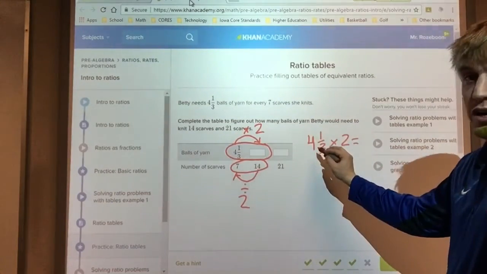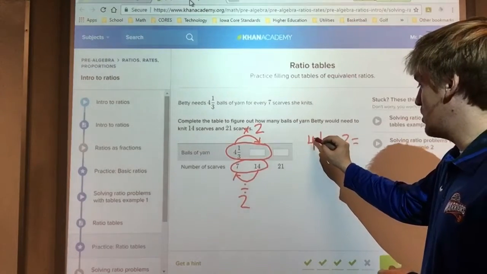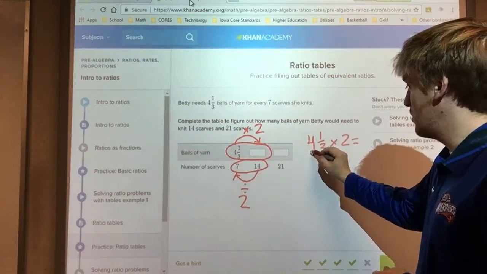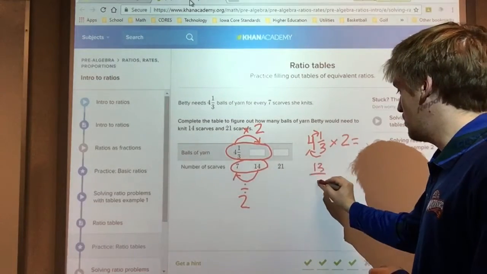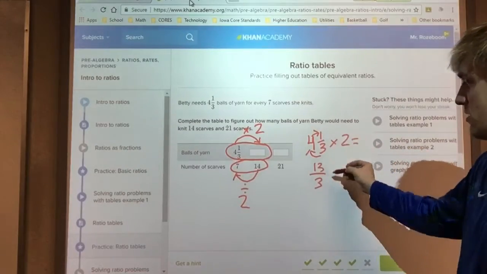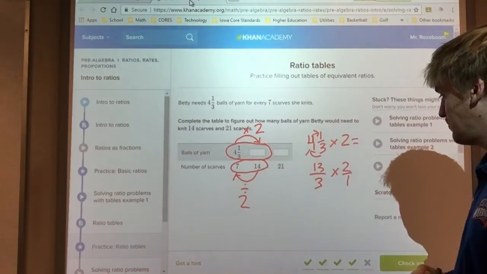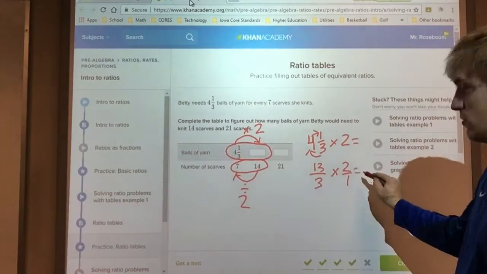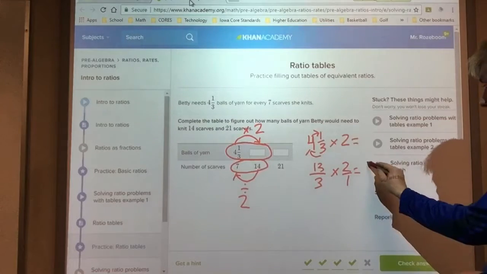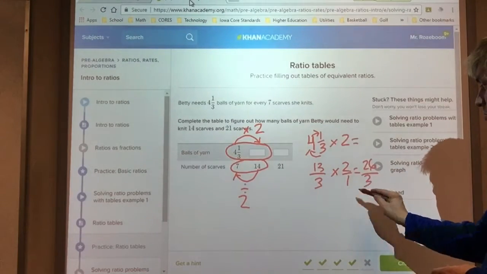So 4 1/3. 3 times 4 is 12, plus 1 is 13 over 3, because the denominator stays the same, times 2 over 1. 13 times 2 equals 26 over 3 times 1 is 3.